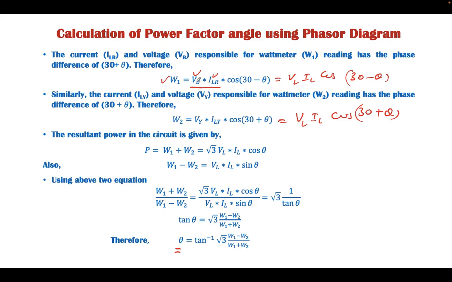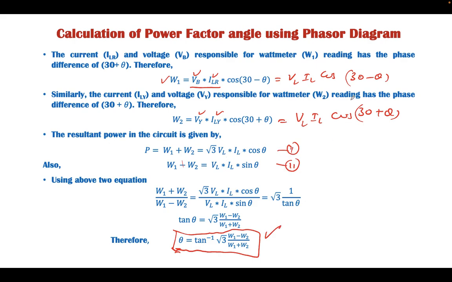In the case of delta connection, phase voltage and line voltage are equal. Considering the first and second equations, W1 plus W2 and W1 minus W2, we can easily calculate theta, the power factor angle of the load, using the two wattmeter readings.